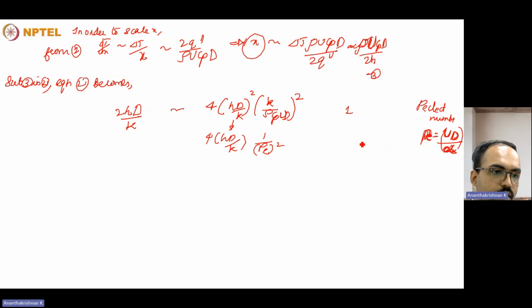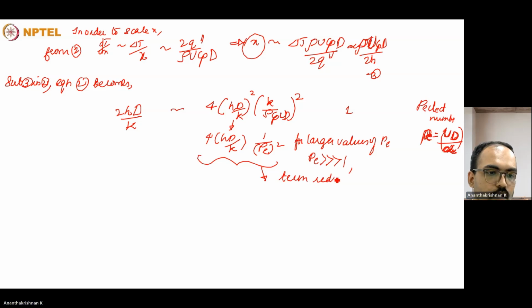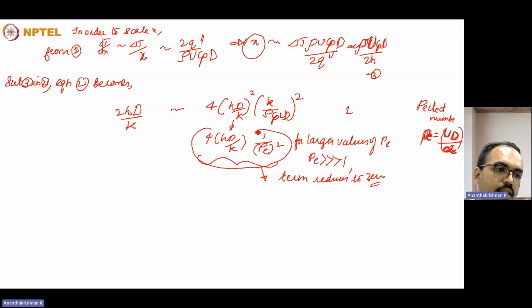So for larger values of Peclet number, that is when Peclet number is greater than 1, this particular second term reduces to 0. So in that way, we can neglect the axial conduction, or neglect the conduction along the flow direction.